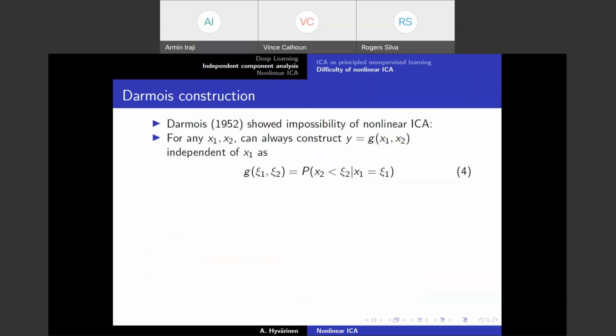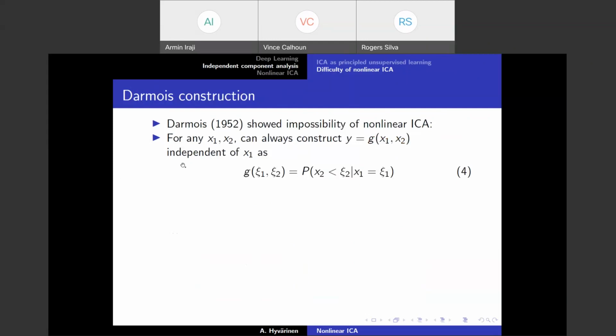In fact, this impossibility was shown by Darmois a long time ago, the same Darmois who also proved the identifiability of the linear case. He considered both cases already around 1950. He proposed the following simple construction. Suppose we have two random variables, x1 and x2.